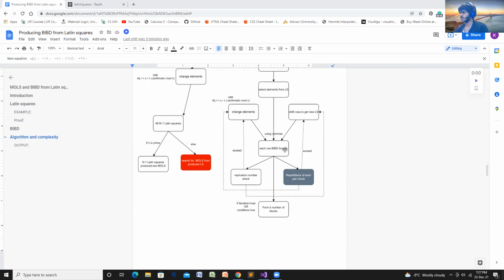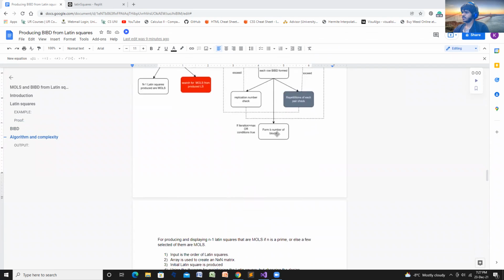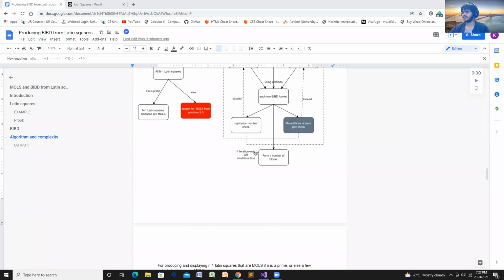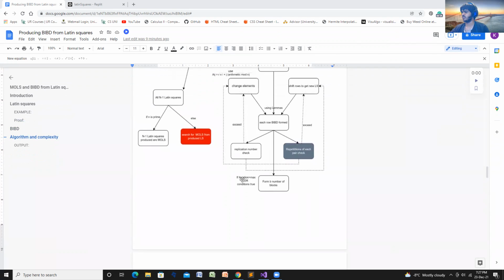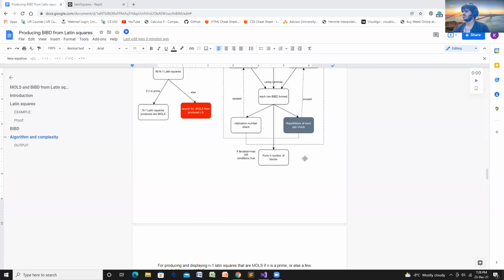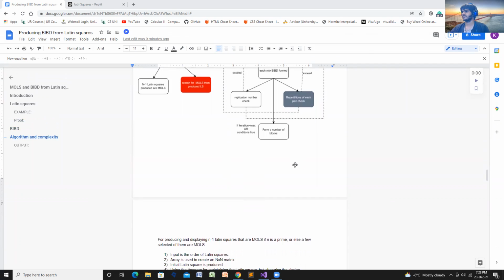So to make it balanced, we'll have to check the number of pairs that are being repeated and the number of times each element is being repeated in all of the blocks. And if the iteration reaches the max level or all the conditions are true, that means lambda and the replication number aren't exceeded, then the BIBD will be formed.